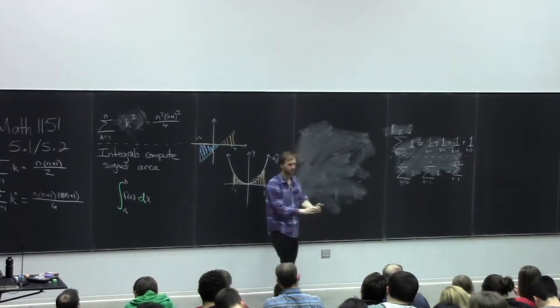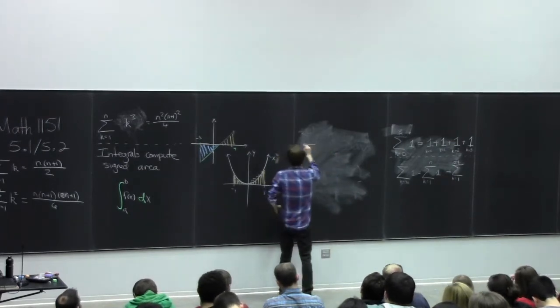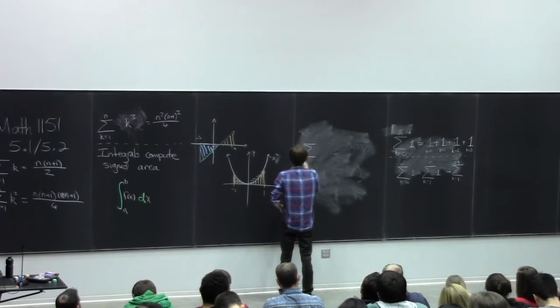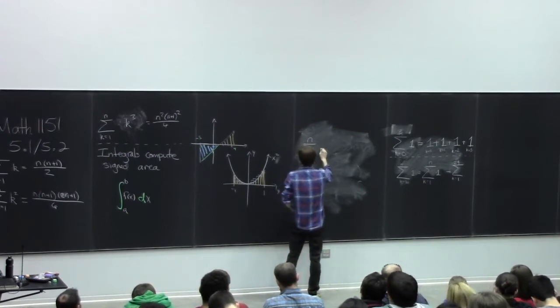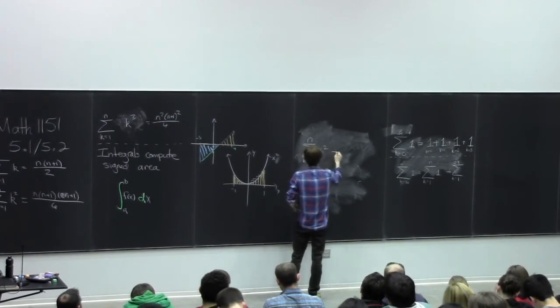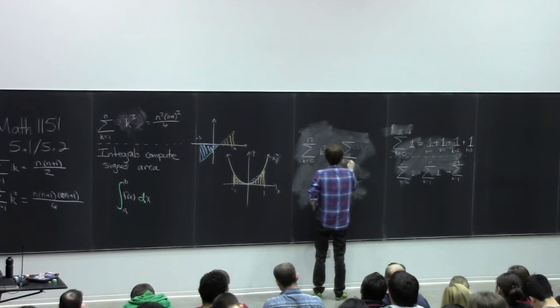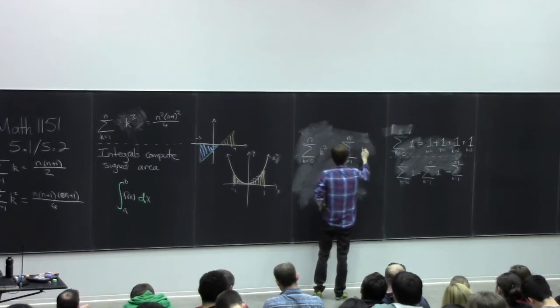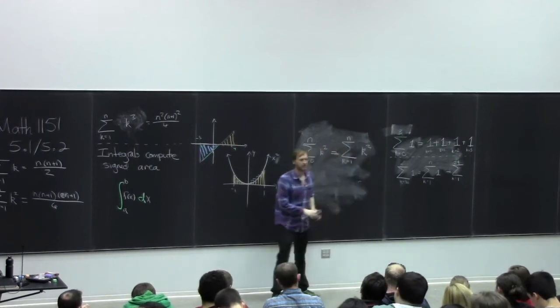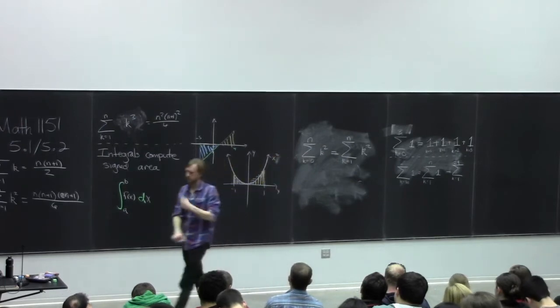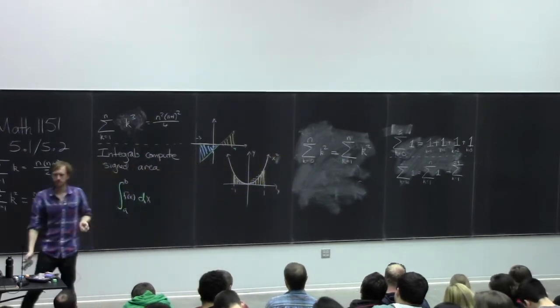I claim the sum of k equals 0 to n of k squared is equal to the sum k equals 1 to n of k squared. Is that true?